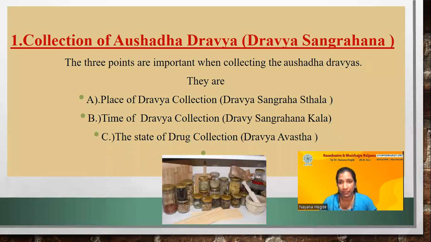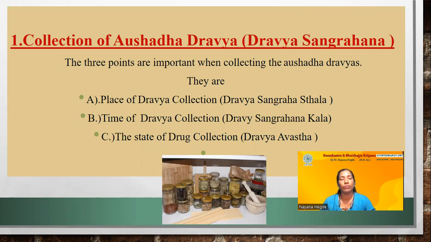So collection of aushadhi dravya, that is called dravya sangrahana. द्रव्य संग्रहण, कैसे द्रव्य को संग्रह करते हैं उसके बारे में हम लोग अभी जानेंगे. So collection of aushadha dravya we have to study under three headings. One is place, किधर से हम लोग द्रव्य को संग्रहण करते हैं. द्रव्य संग्रहण स्थला, it is called place of dravya collection.